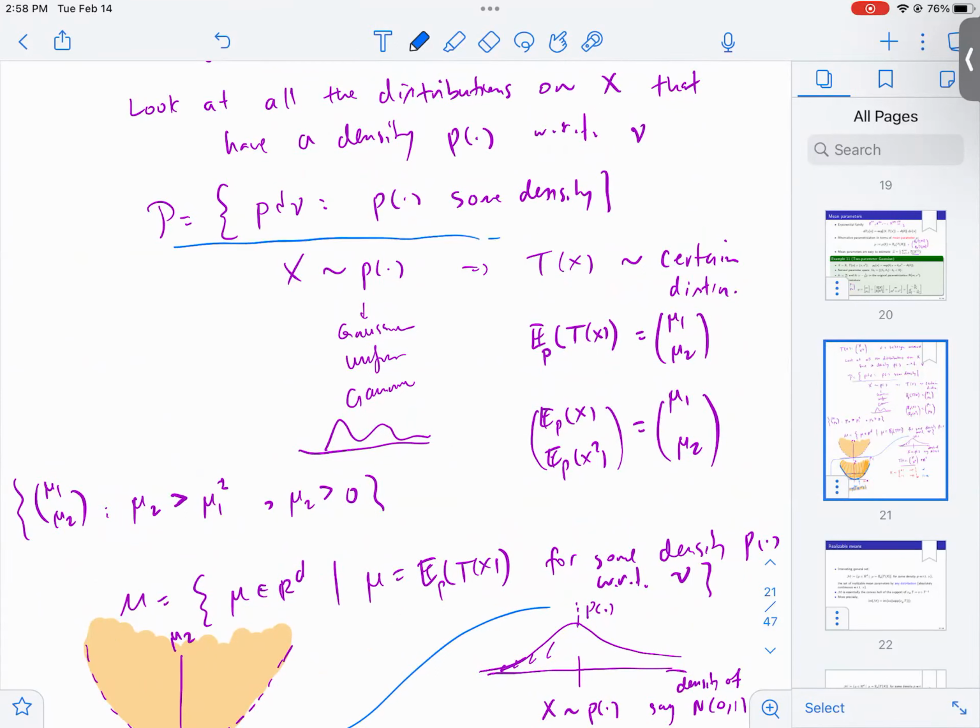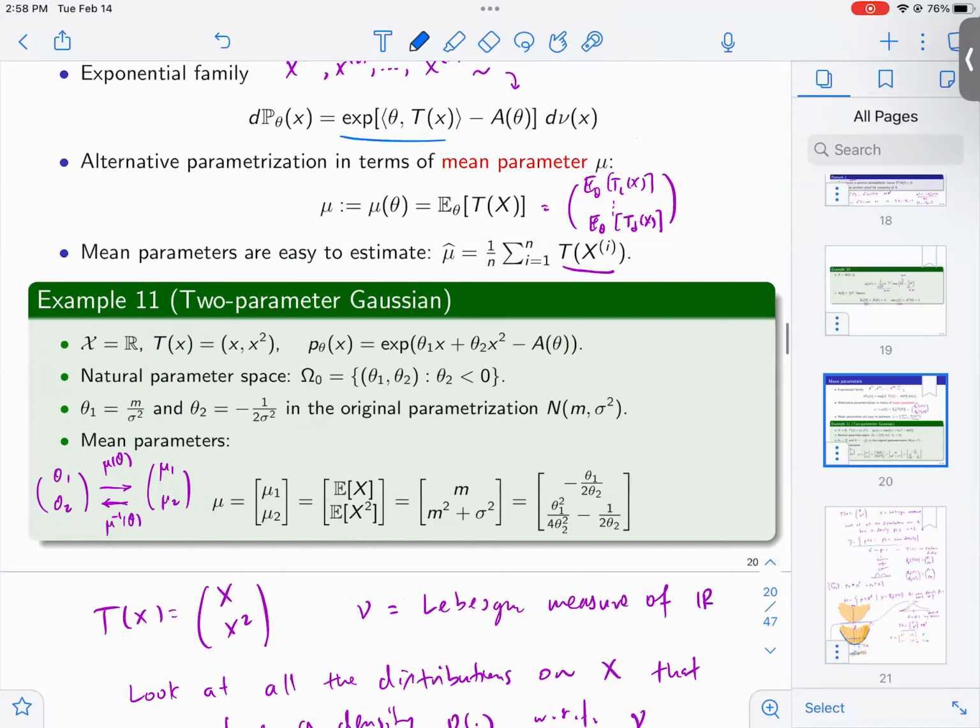They have this particular exponential form. I could come up with very weird kinds of distributions, but anything that I can realize with some density, I can realize with this density for some value of theta. That's the main result that I wanted to mention.